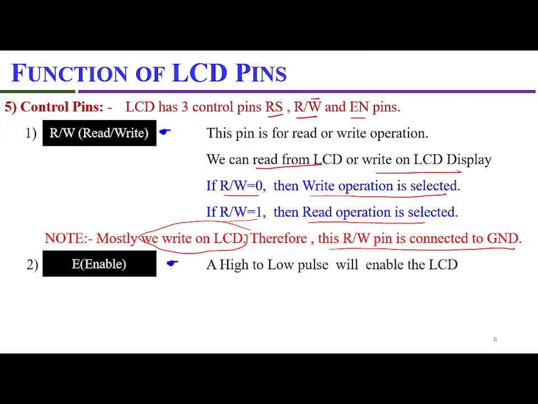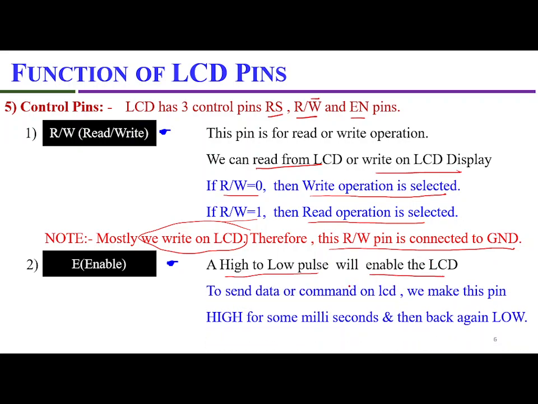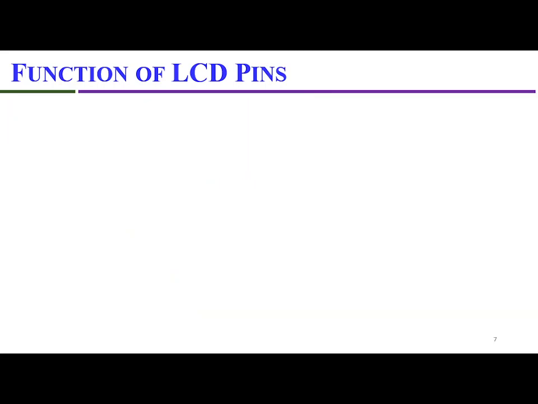Second pin is the EN pin, called the enable pin. We have to give a high to low pulse here, and that will enable the LCD. To send data or command, we make this pin high for some time, and then we make it low. After that, anything can be written or read from the LCD.